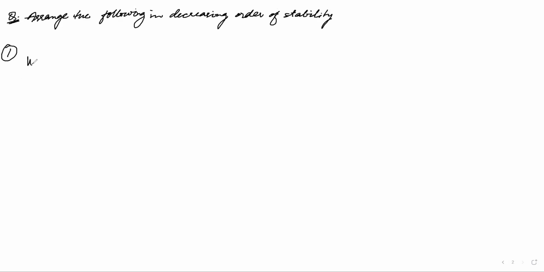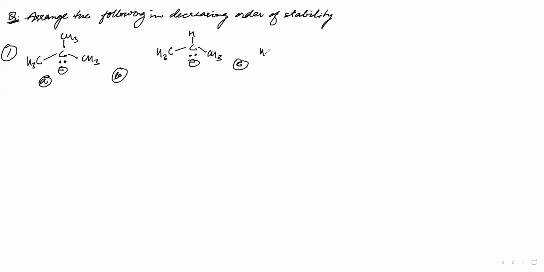If I say CH3, C, and CH3, let us write a lone pair here. This is A. B, I can write like this: CH3, C, H, CH3, negative charge.